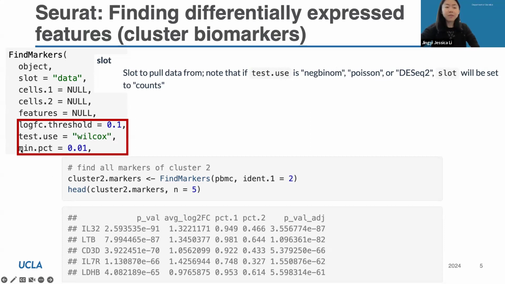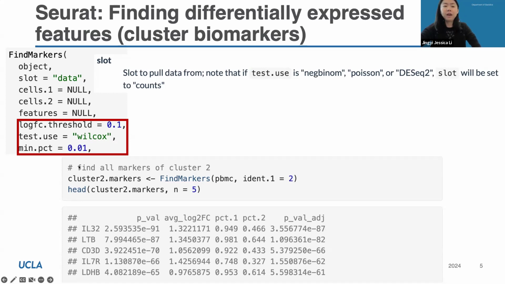And there's another parameter, min.pct. It's the minimum percentage. You want the gene you look at to be expressed in at least 1% of cells in both your group 1 and the rest of the cells, group 2. Otherwise, if the gene is not expressed, you don't think it's worth examining.